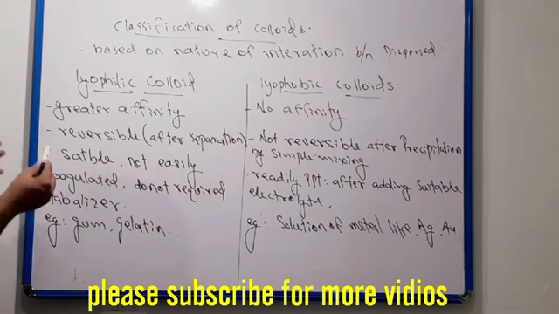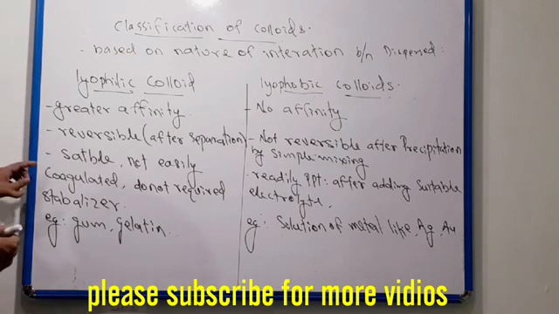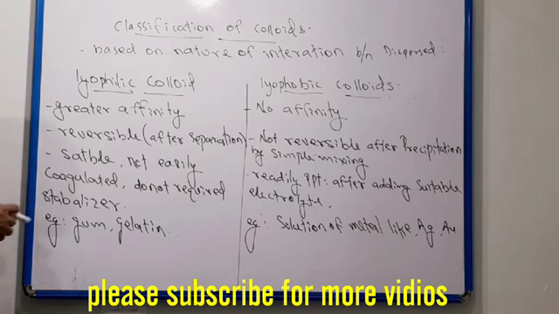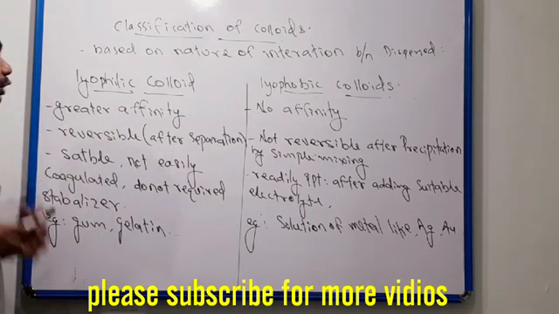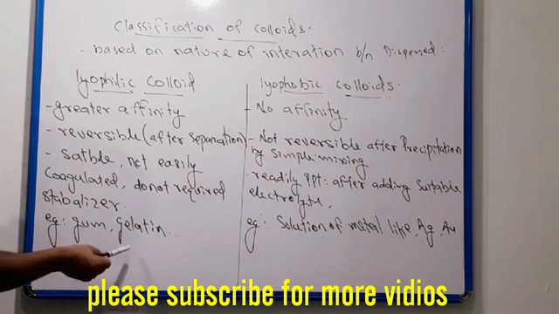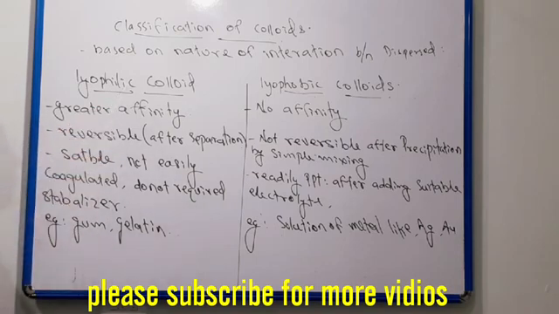That means this type of colloid is not reversible. That is lyophilic colloid. It is highly stable, and it does not easily coagulate or precipitate. Examples of this type of colloid are gum and gelatin.